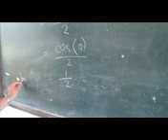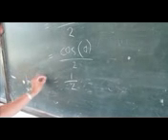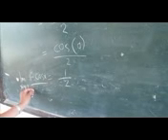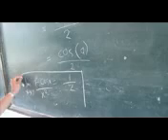Therefore, the limit as x approaches 0 of 1 minus cosine x over x squared is equivalent to 1/2. So this is now the answer.